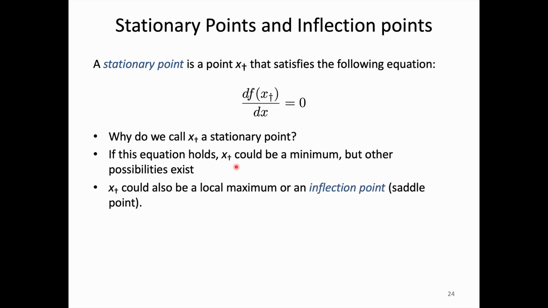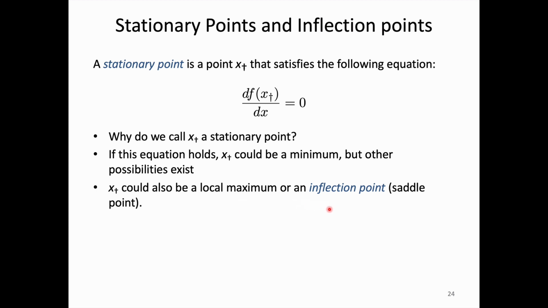But what are the other possibilities? It could be a local maximum. And if you imagine the function looking like the top of a hill and you put a ball on the top, well, if it was perfectly balanced, it's going to be stationary. But what if you have some disturbance in either direction? Then it's going to roll downhill, and that's not a stable stationary point.